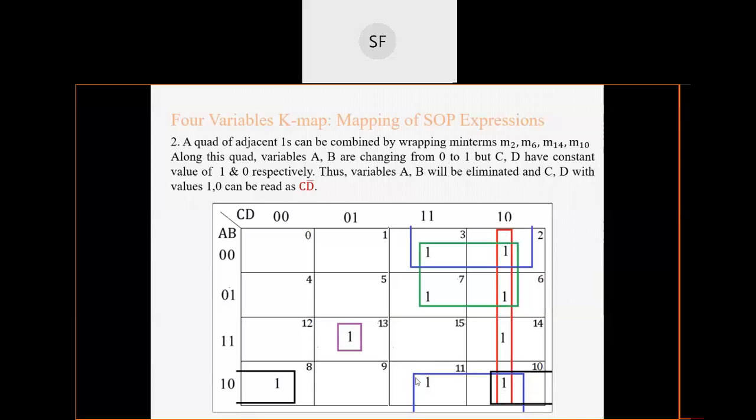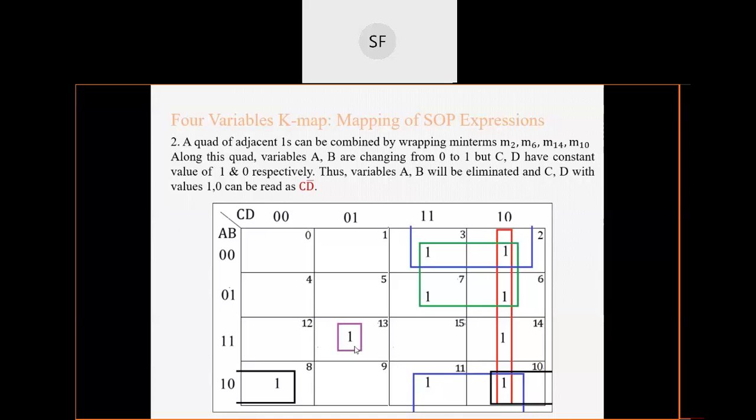Then this blue quad is important. It is actually open ended from this side, and these two cells are taken from upward cells and downward cells. So these 3 quads are there. This term is an isolated term, and this one is a pair.